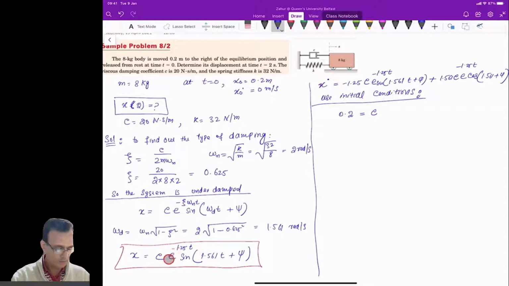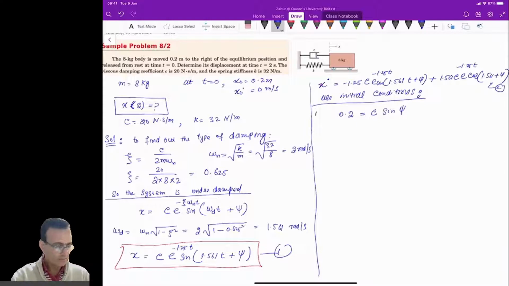So then this term will become equal to 1, and this sine term will become equal to 0, but the only thing which will be left is sine psi. So this is one equation. You call this equation 1 and call this equation 2.